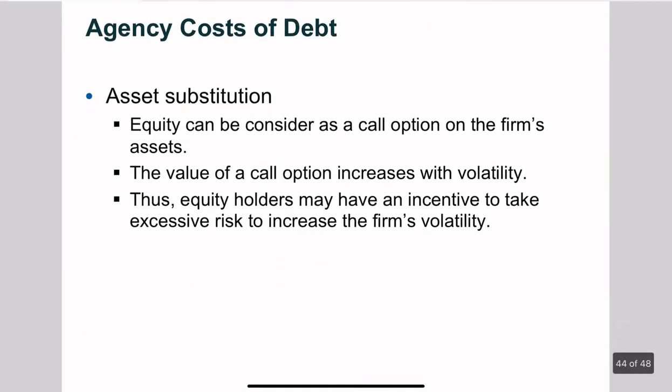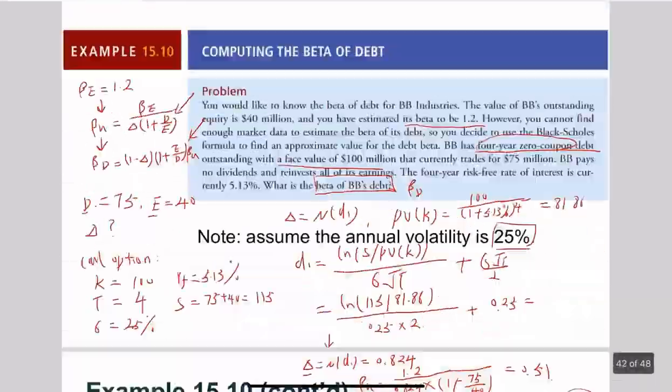And we can understand these two kinds of agency costs using option theory. So first, why do we have asset substitution? Well, this is because we know that equity can be considered as a call option on the firm's asset. And we also know from the Black-Scholes model that the value of a call option is larger if volatility is larger.